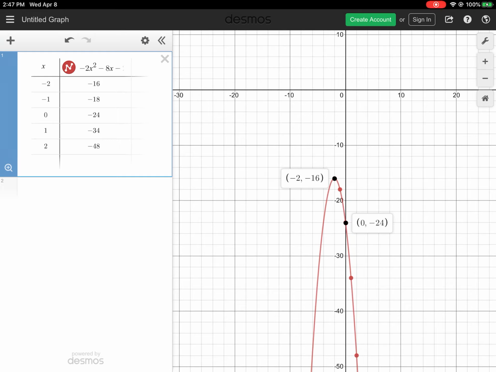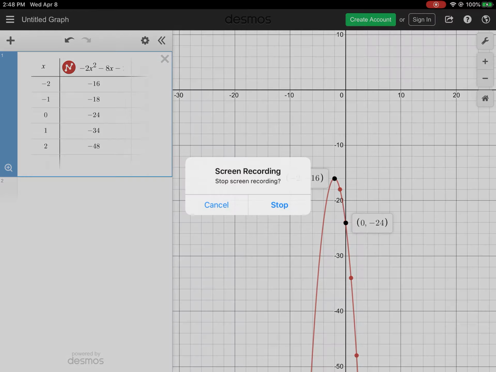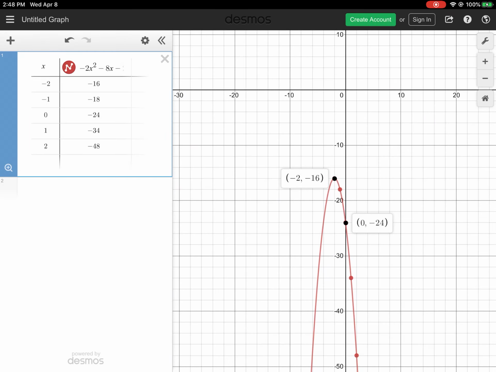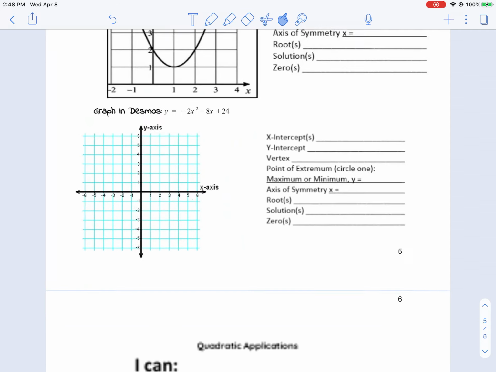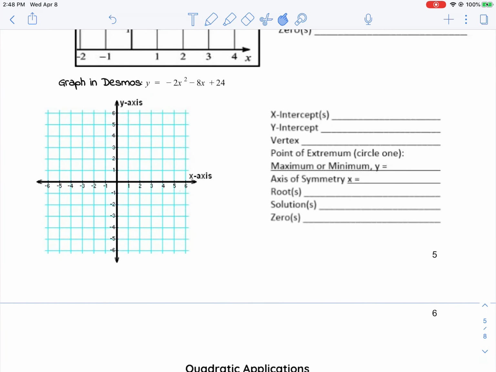If they ask for the axis of symmetry, remember it's the line that's cutting straight through your parabola that goes through your vertex. So that would be x equals -2 for your axis of symmetry. And if they ask for whether it was a max or a min, we would say maximum, okay? The maximum value for the y was -16.